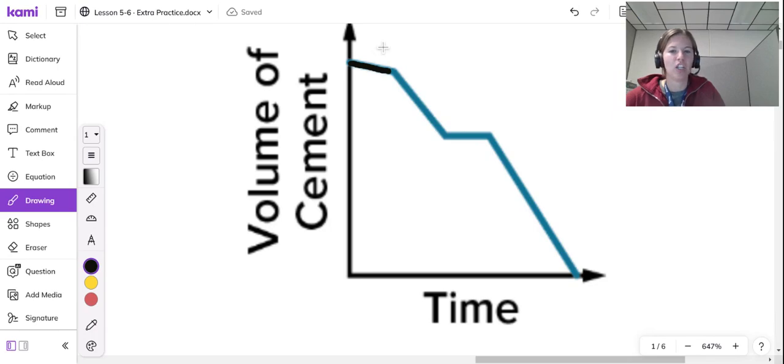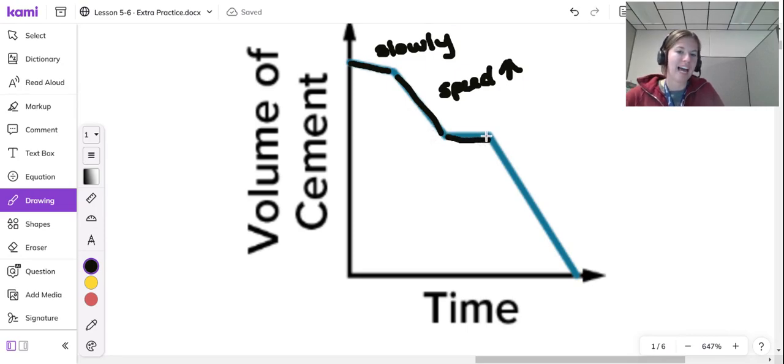This means it is unloading slowly. Then this line gets a little steeper, so the speed increases. Over time, the volume decreases quicker.